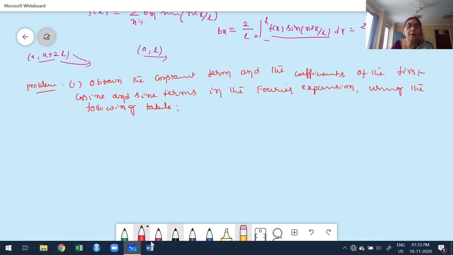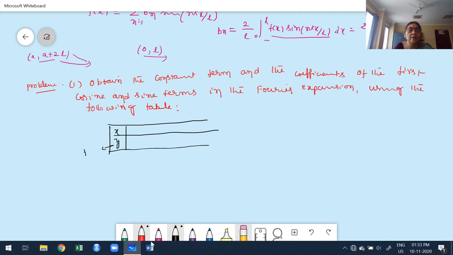The table is nothing but x and y. Keep in mind, whenever they provide discrete data, the first row variable is independent, it's the input. The second row variable is the output. y is dependent on x. Instead of f of x, they have given y, which is here f of x.